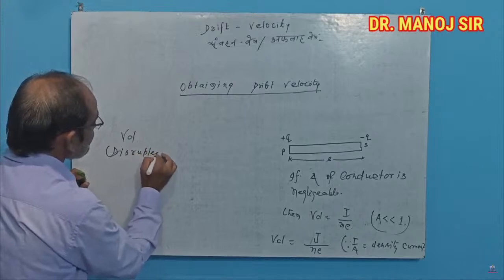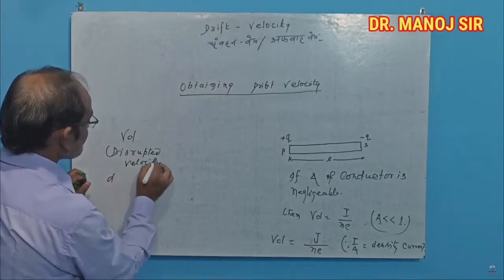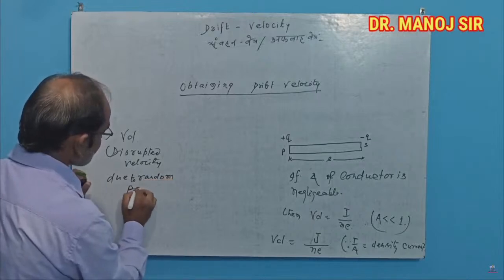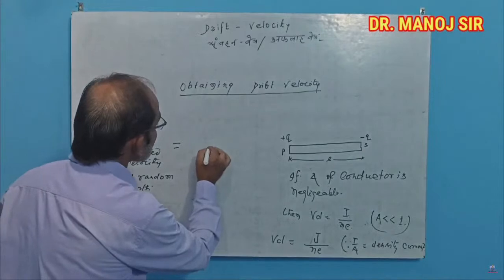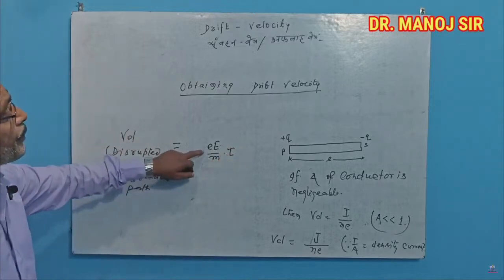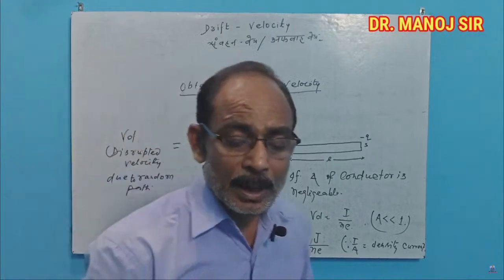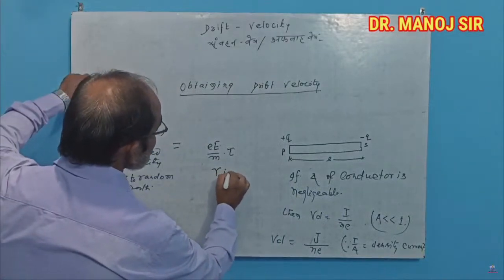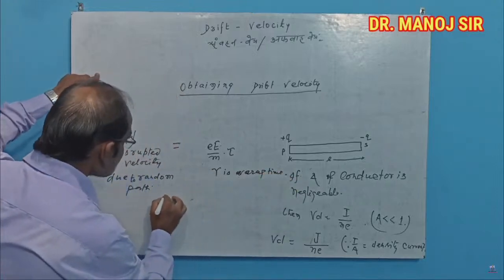Disrupted velocity due to random path is equal to e E by m tau. Here tau is average time.